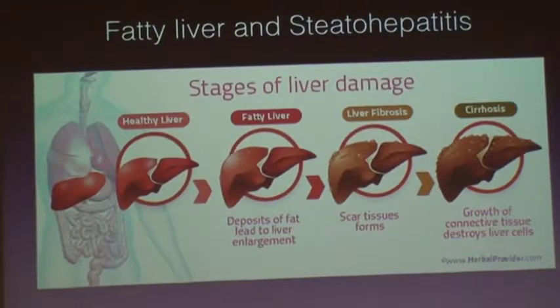Fat within the hepatocytes, or within the cells of the liver, can cause pretty much the same picture as alcohol or viruses do. You first get fatty liver, then you get inflammation from that, and finally you get cirrhosis or scarring. So the end result is liver failure.